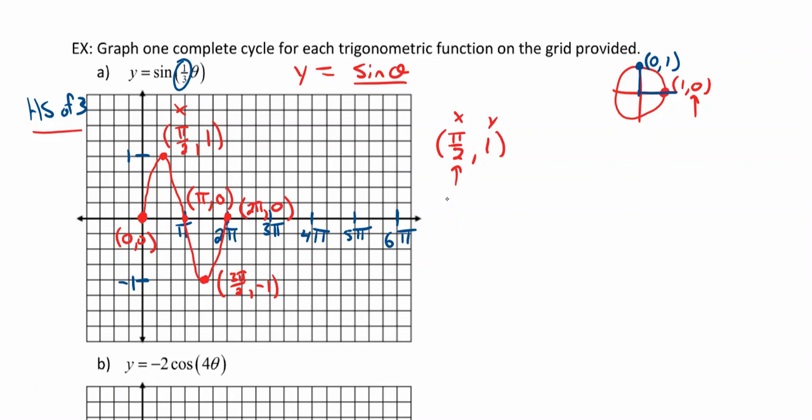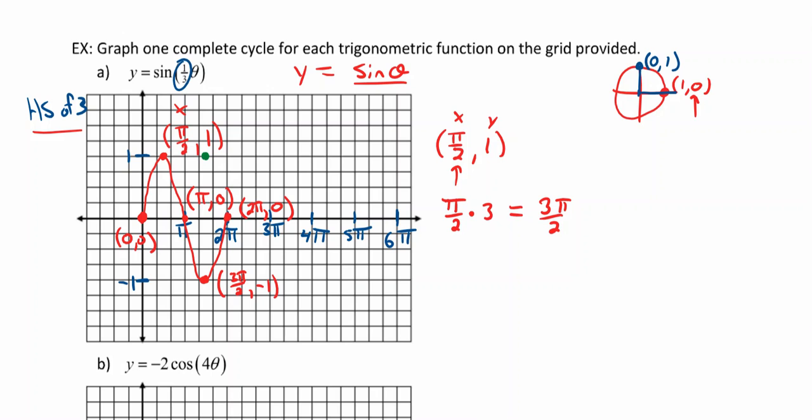Well, this is going to now turn into the point pi over 2 times my stretch factor of 3. So this is 3 pi over 2, right? So this point, we'll make this a different color now so it doesn't get so confusing, is going to be at the point 3 pi over 2. So that's over here. Okay, that makes sense, doesn't it? This is 3 times farther away than this one, right? This was that far away, and now this is 3 times farther away. It's been stretched by 3 times in that direction.